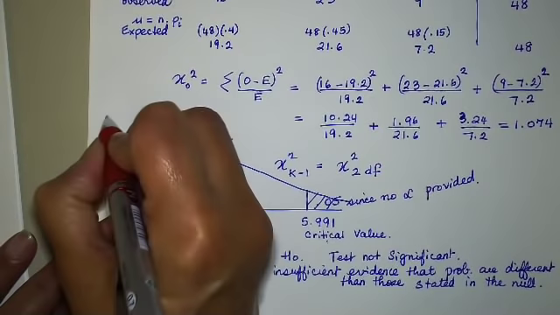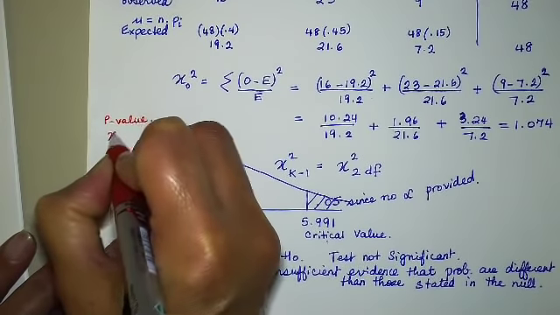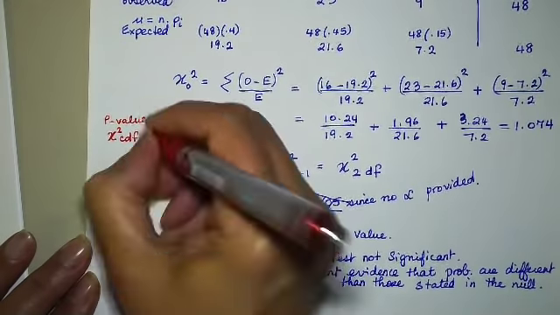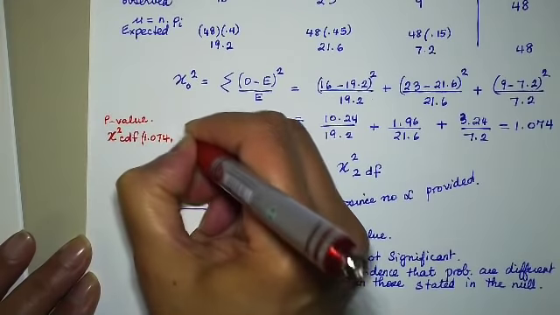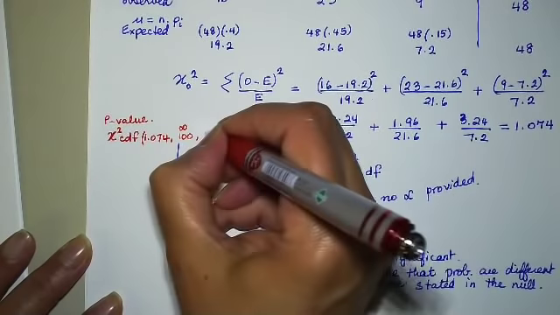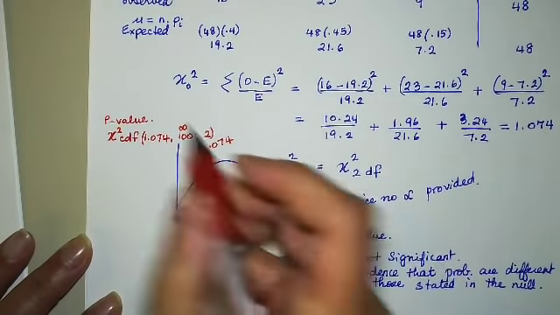Oh, by the way, can we do p-value for this before I move on? How about p-value? P-value is chi-square CDF of 1.074 comma infinity comma degrees of freedom.